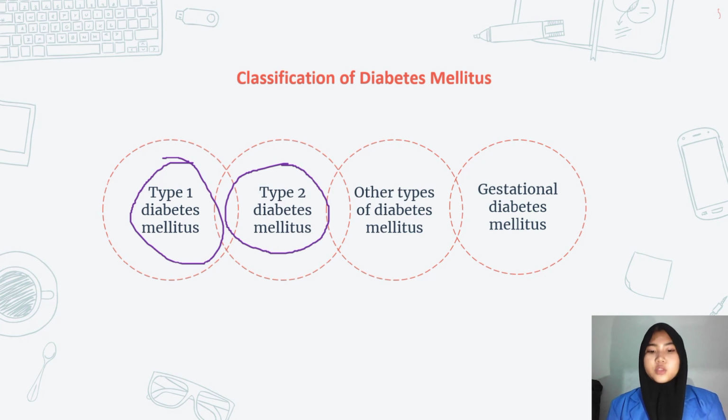Type 2 diabetes mellitus is caused by the relative failure of pancreas cells and insulin resistance. Insulin resistance is a decrease in the ability of insulin to stimulate glucose uptake by peripheral tissue and to inhibit glucose production by the liver.